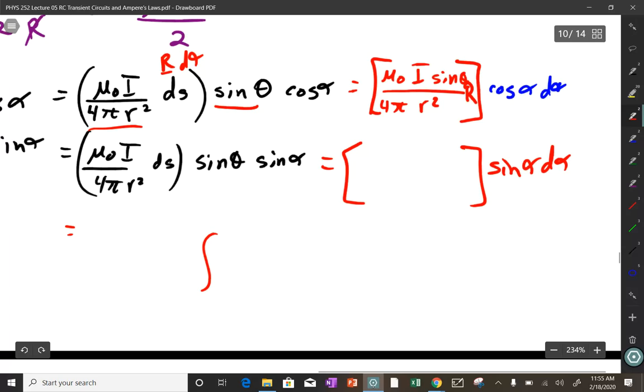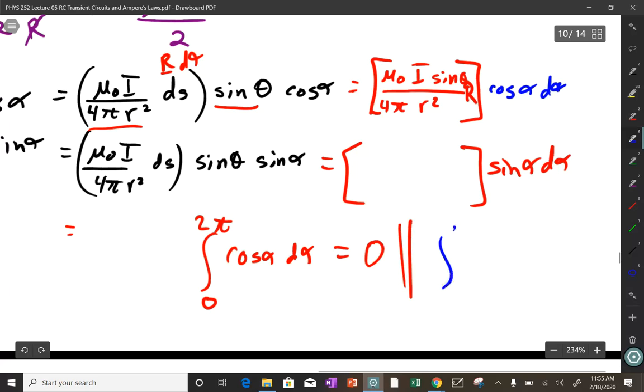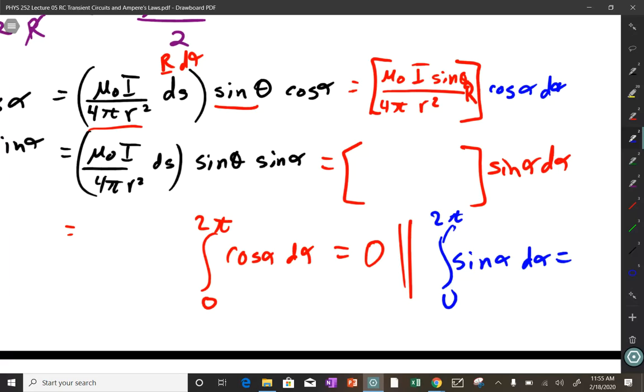So what's the integral of cosine alpha d alpha from 0 to 2 pi? That's going to be sine alpha is the integral, and then sine of 2 pi is 0. Okay, so that's 0. And the integral of sine alpha is going to be negative cosine alpha.